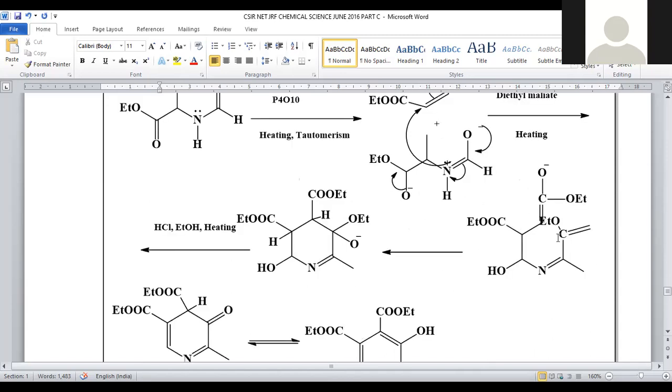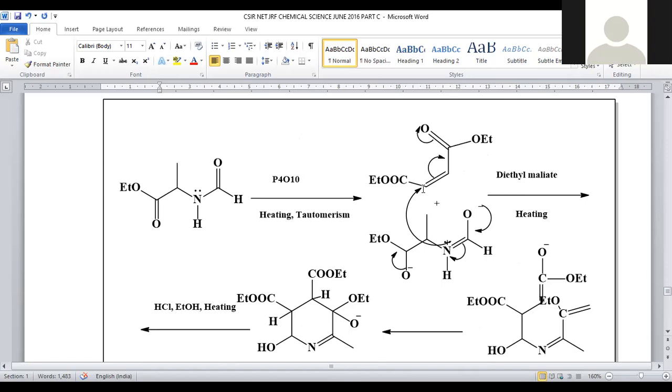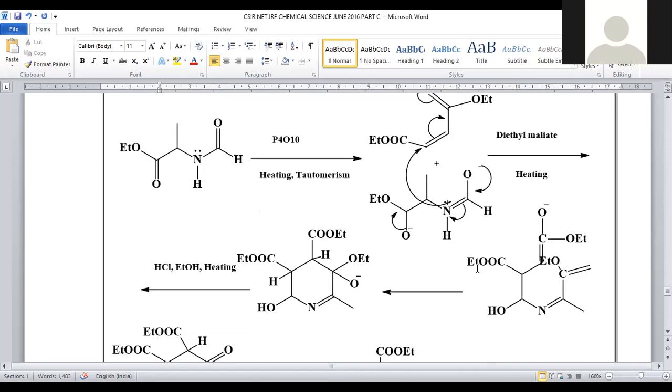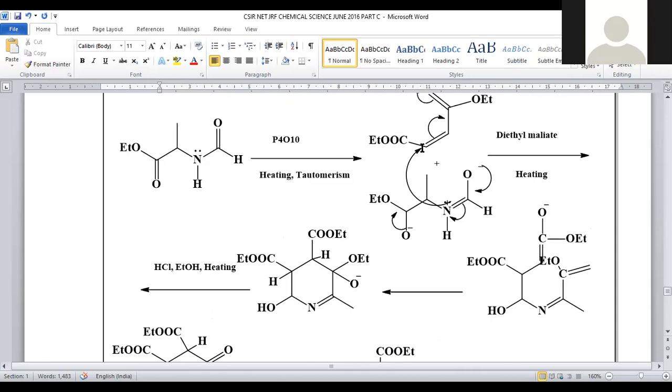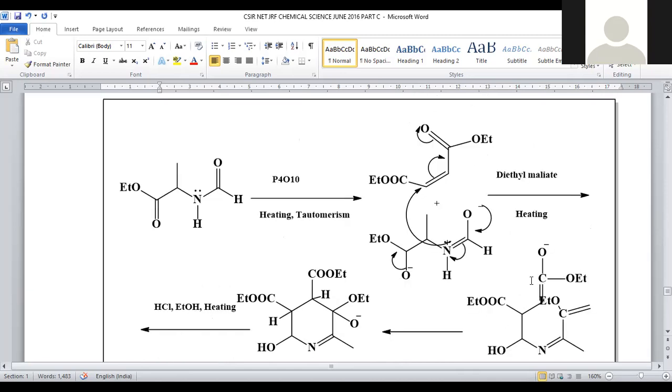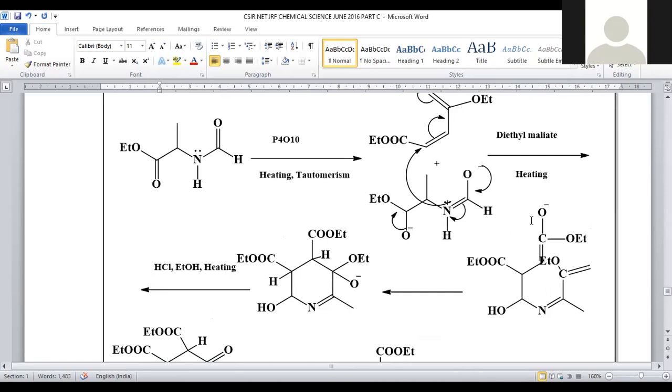So a compound is generated where a new carbon-nitrogen bond is originated. Which carbon? This COOEt carbon bonded to nitrogen is obtained, and the remaining side chain functional group is left as such.